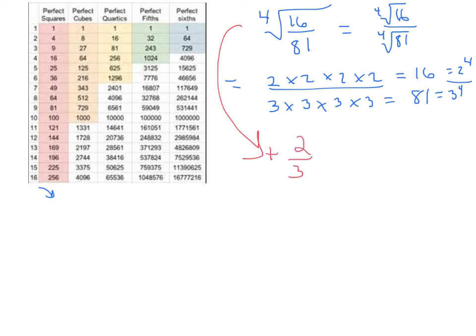The principal root would be positive. The opposite of that would be negative 2/3. So we say plus or minus 2/3 are the 2 possible real fourth roots of 16 over 81. Now remember, we have 2 possible real fourth roots because the index is even.